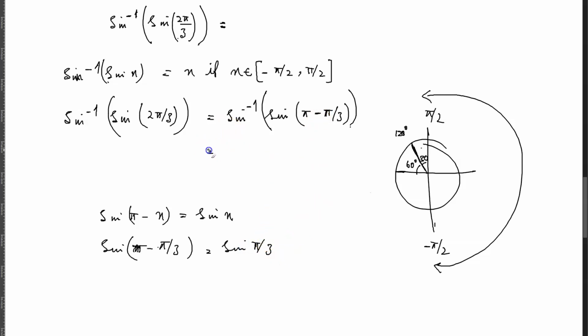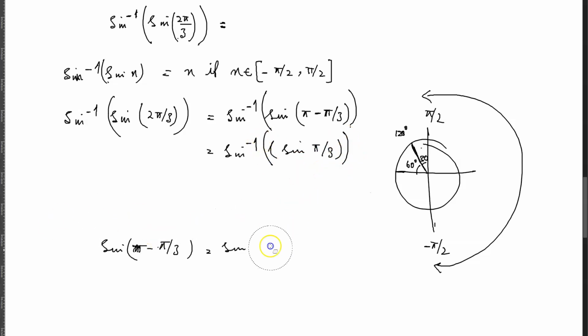Which means that I can write this as the sine inverse of sine of pi by 3, and now this angle is in this domain, which is negative pi by 2 to pi by 2, and so now I can write it as pi by 3. Otherwise, when the angle is 2 pi by 3, of course I couldn't just directly write it that way.